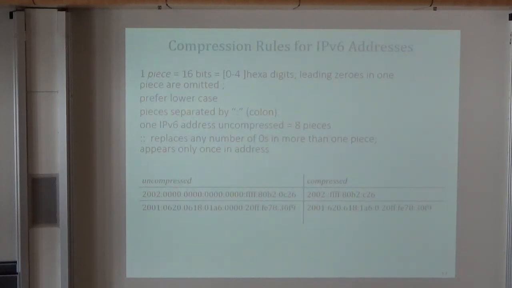For example, if I look at the first of those addresses, the last block is 0C26. I can omit the 0 as long as I make it clear with a colon where the block boundaries are.